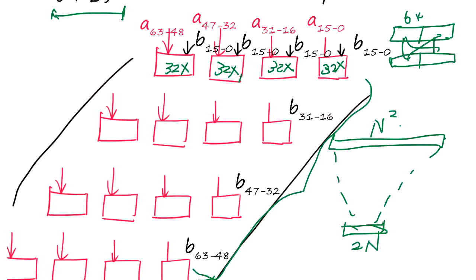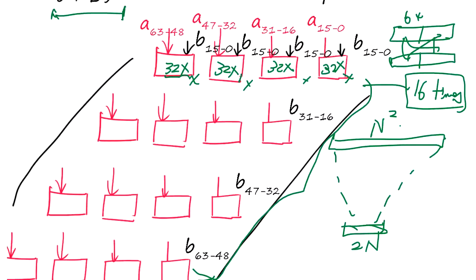Realistically, using a 32-bit multiplier, you have to repeat this operation. How many times? 4 times 4, 16 multiplications, and the results have to be all added up again.